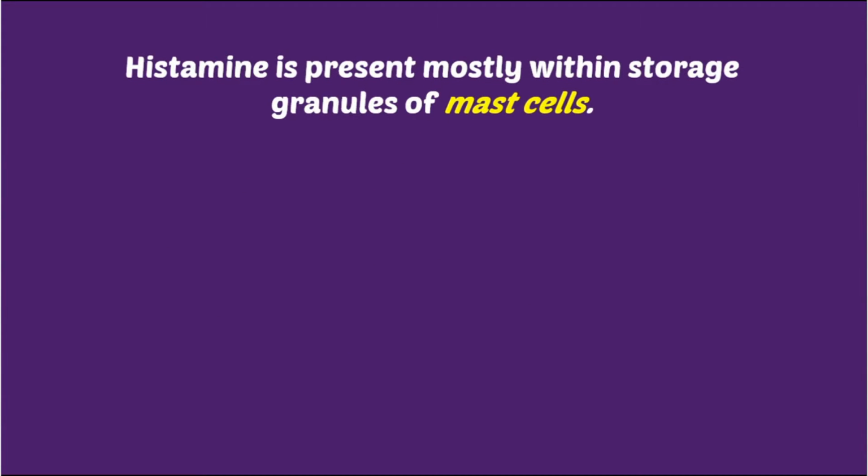Histamine is present mostly within storage granules of mast cells. So now the question arises, what is a mast cell and what is histamine doing in the mast cell? Mast cells are our immunological cells which are produced by bone marrow. They are synthesized by pluripotent stem cells and matured under certain stem cell factors.